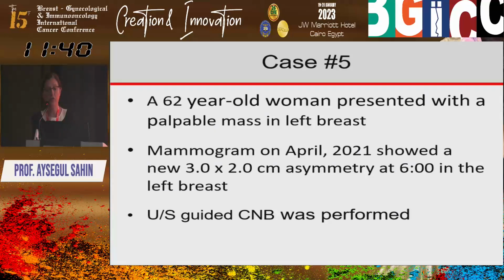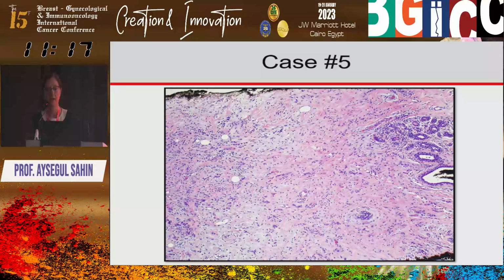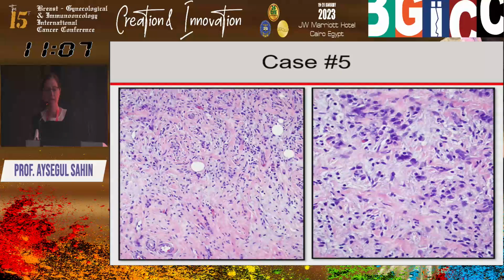Another tumor pattern that we have to be really cognizant about and think about metastasis is illustrated in this case. Again, a 62-year-old woman had a screening mammogram in April 2021, and she had an ultrasound-guided biopsy. It shows this diffusely infiltrating neoplasm going around normal lobular units, and high magnification showing these individual single cells.